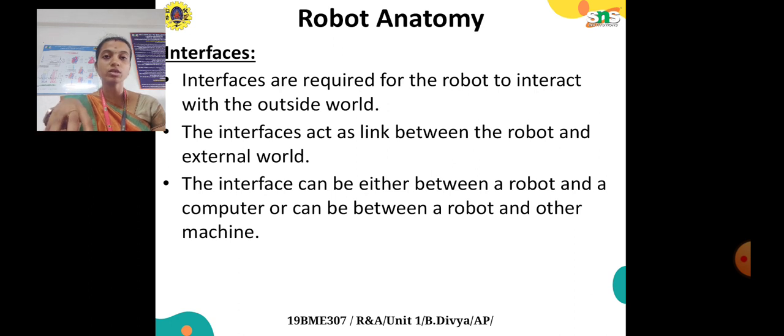By using a computer, the programming is done and it is interfaced with the robot, or else a single robot is connected with other machines to perform a task. Okay, these are the parts of the robot, called robot anatomy.